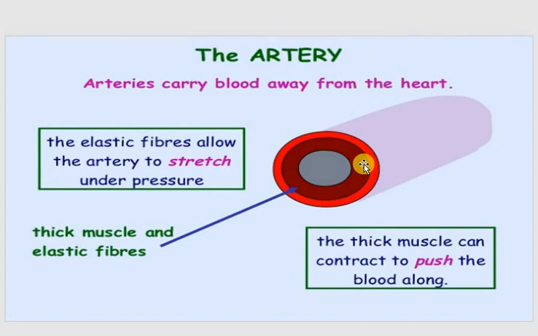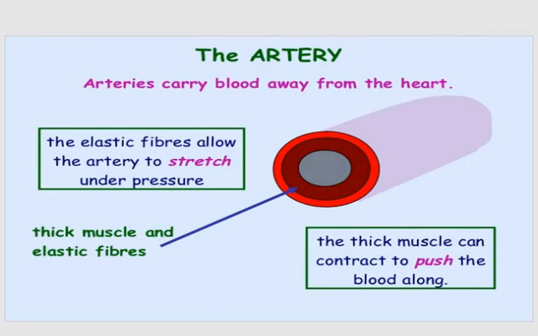Oxygenated blood means blood in which oxygen is there. At your level, you can say the artery carries clean blood away from the heart. These arteries move oxygenated blood from the heart to other parts of the body.